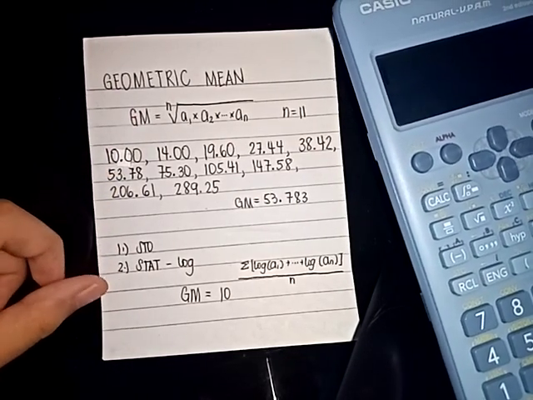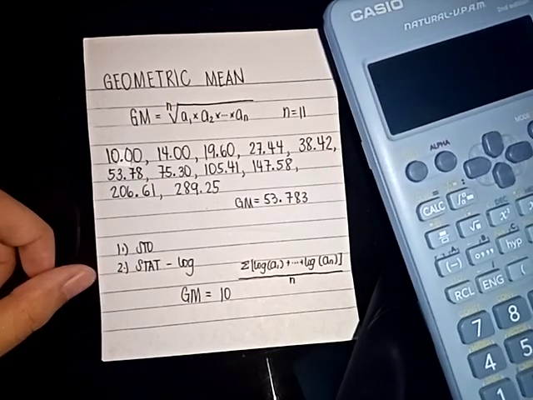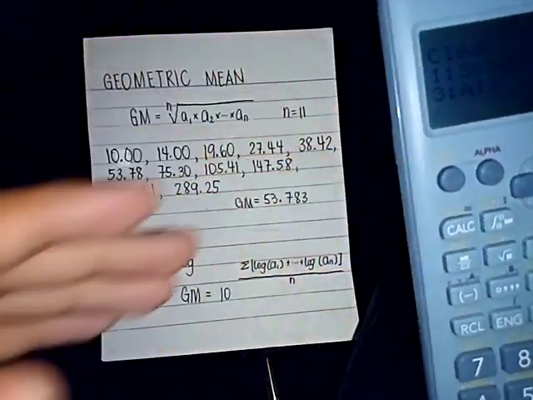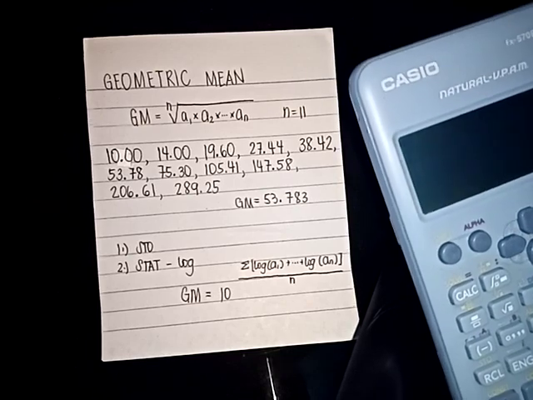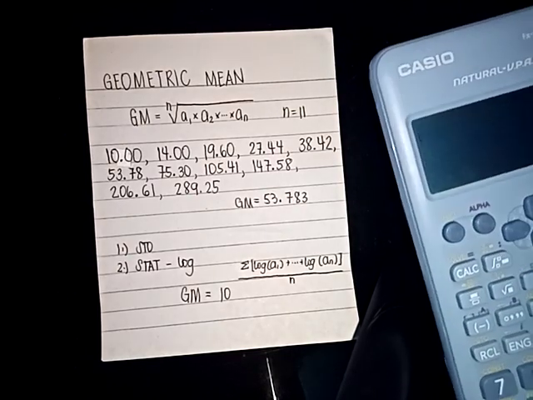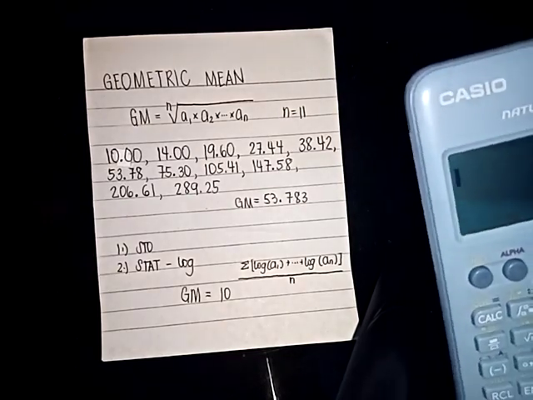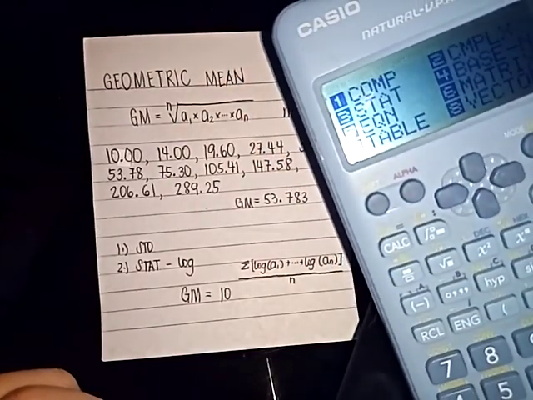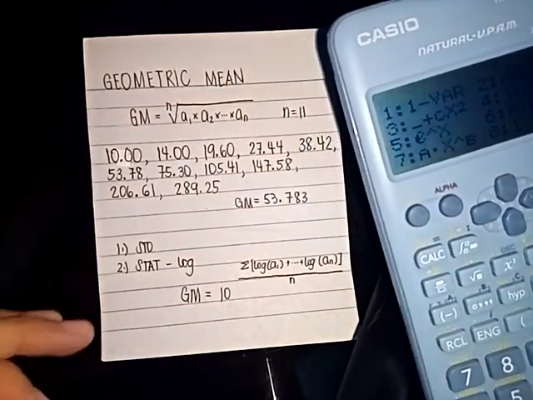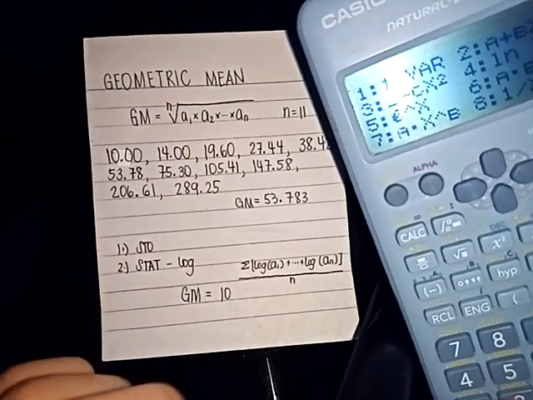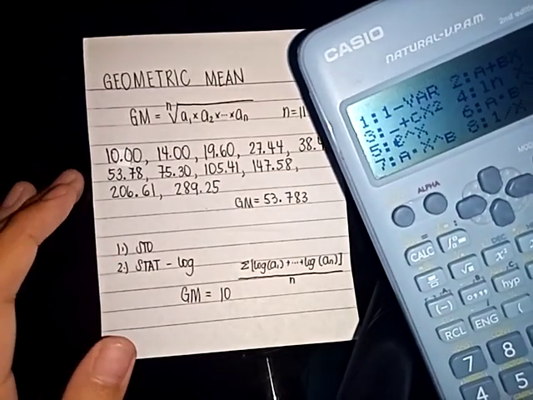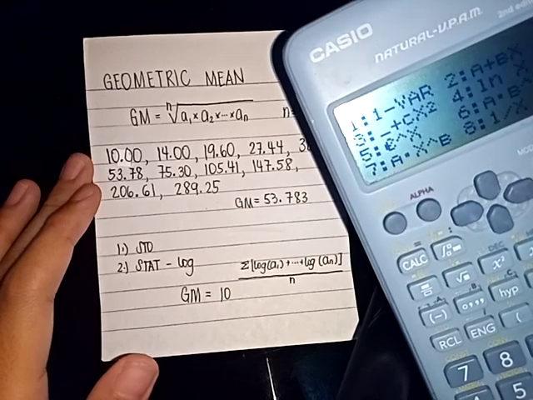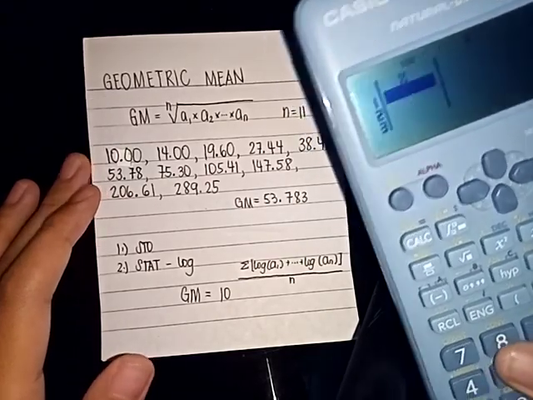So the last alternative method would be the stat log. The stat log is actually another function in the calculator, which is found here in mode, and then 3, which is stat. So we're just going to use one var since we're only going to use the table function.